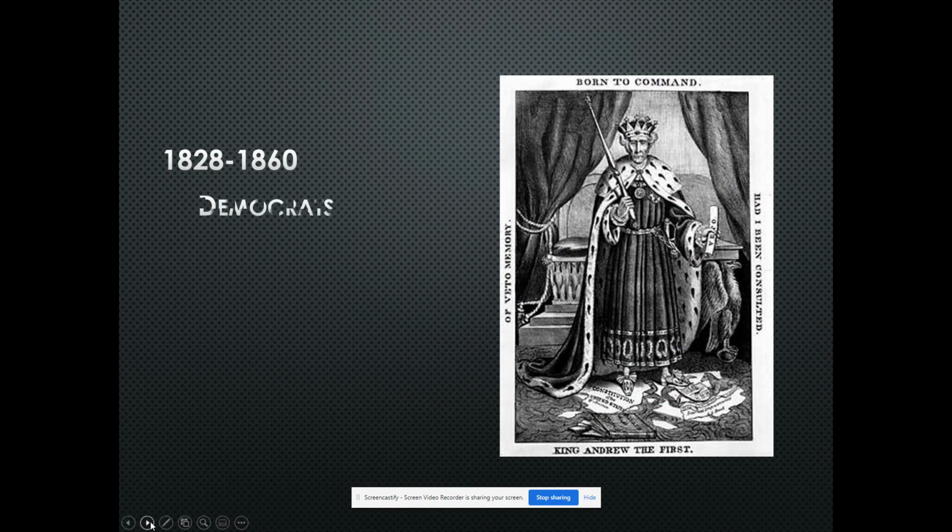Now, everything does change in 1828. And the change had to do with one man, and that is who you see in that political cartoon resembling a monarch. That is Andrew Jackson, who was elected in 1828, reelected in 1832. Now, if you liked Andrew Jackson, if you supported Andrew Jackson, man of the people from the rugged frontier, a war hero, representing the common man, you came to be what's known as a Democrat.